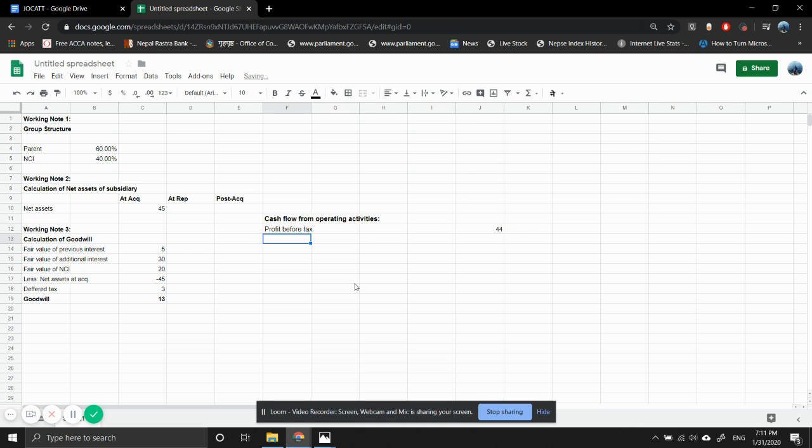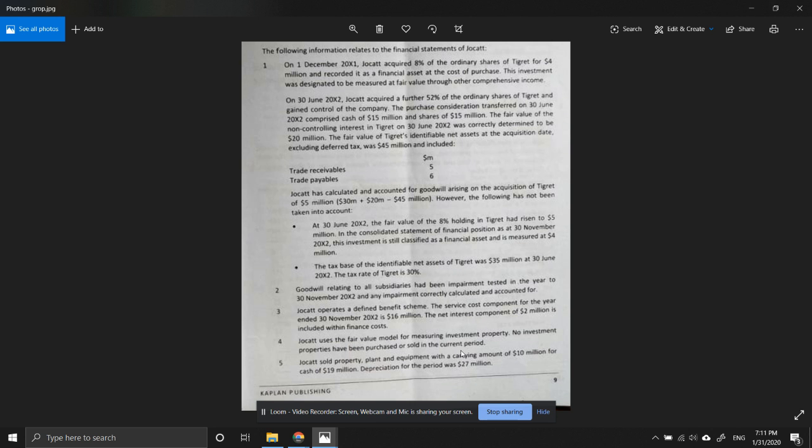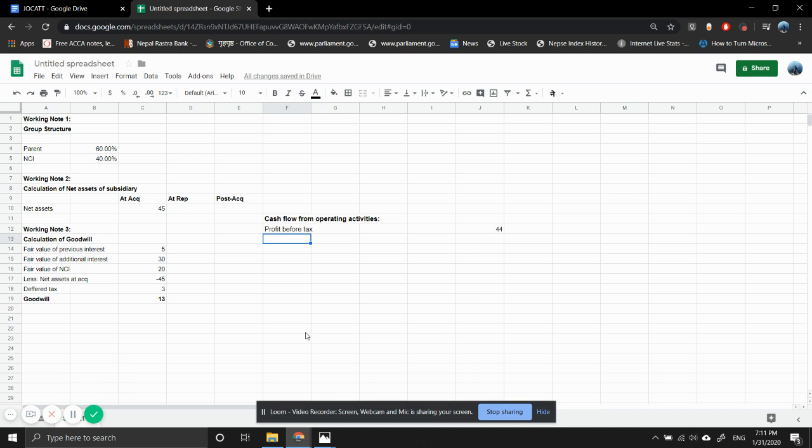First thing first, there was something about finance cost right down here. It is included in that finance cost, right? So that means we don't need to worry about that. Finance cost 8 million, this is dollar million.